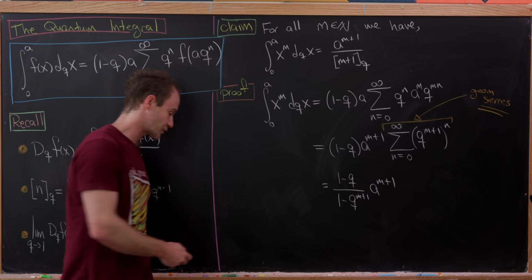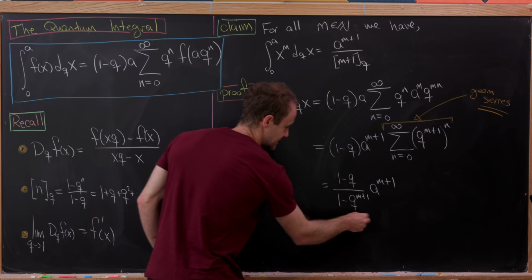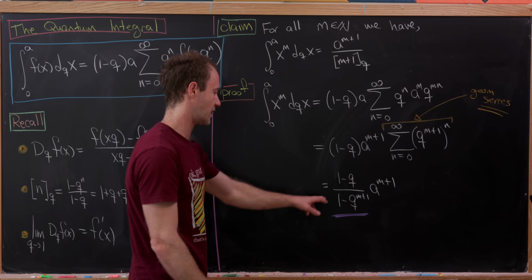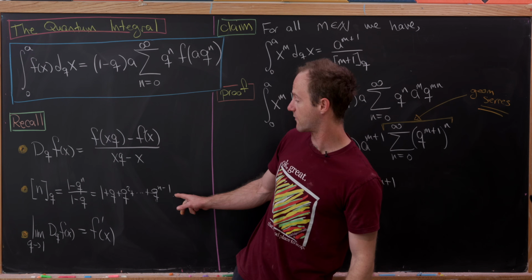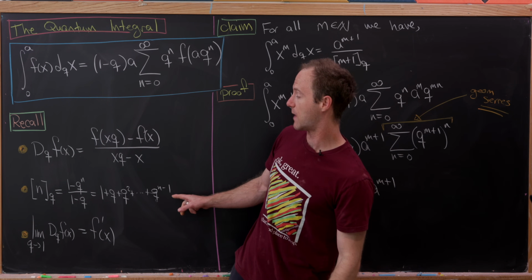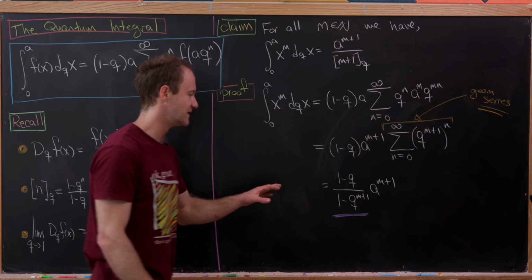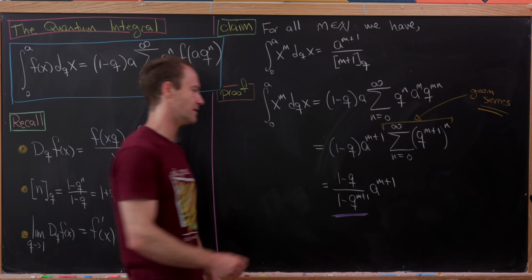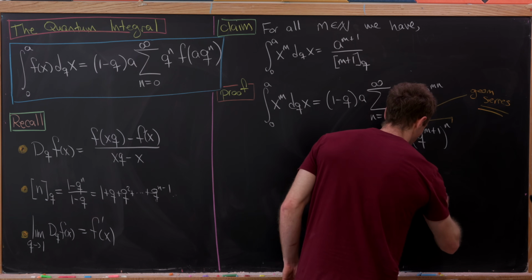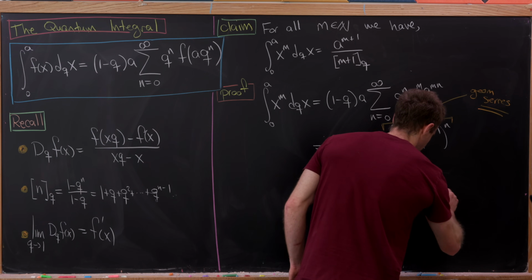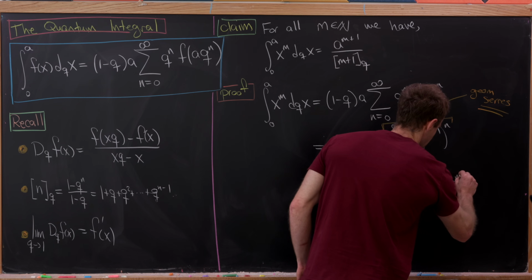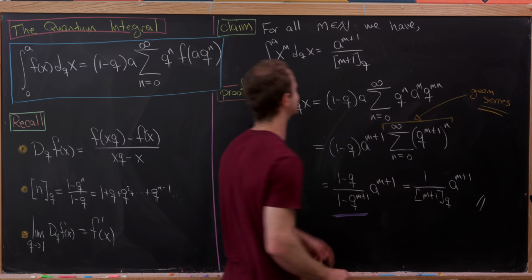But now, in fact, we're done. That's because this stuff that I've got this purple underline on is exactly the reciprocal of one of these q analogs of natural numbers. In this case, it's the natural number m plus 1. So we have 1 over the q analog of m plus 1 times a to the m plus 1.